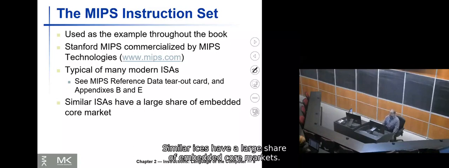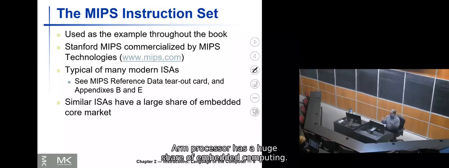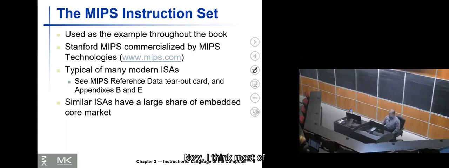Similar ISAs have a large share of the embedded core markets, for example the ARM microcontroller, the ARM processor. The ARM processor has a huge share of embedded computing now. I think most of our mobiles use an ARM processor, ARM core, okay?